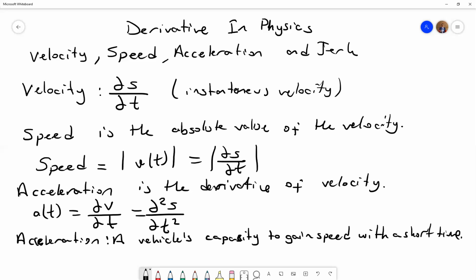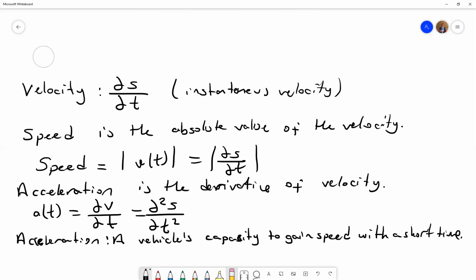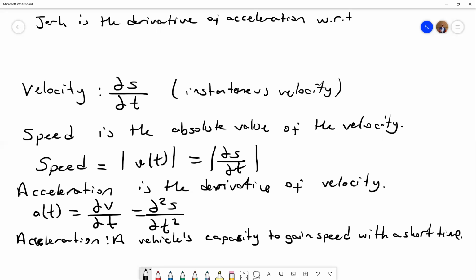This is acceleration. And finally, we have jerk. Jerk is the derivative of acceleration with respect to t.